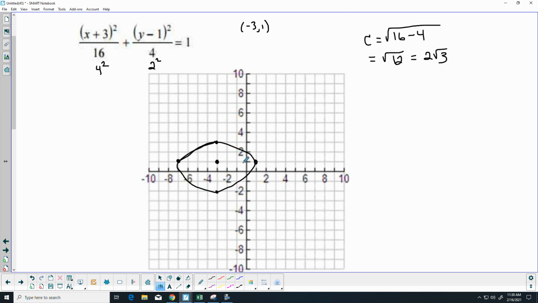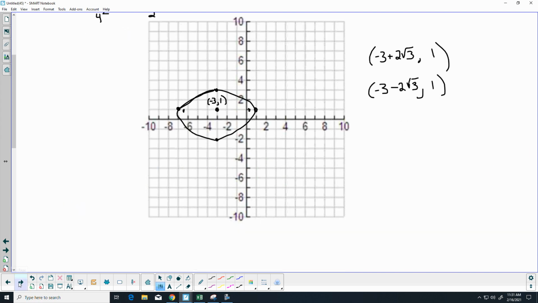So it's going to probably be right about here and here. But that's going along the x. So if I wanted to find those ordered pairs, I know my center was negative 3, 1. So that would be negative 3 plus 2 radical 3, because I'm just increasing my x value. And then minus 2 radical 3, because I'm going left as well.